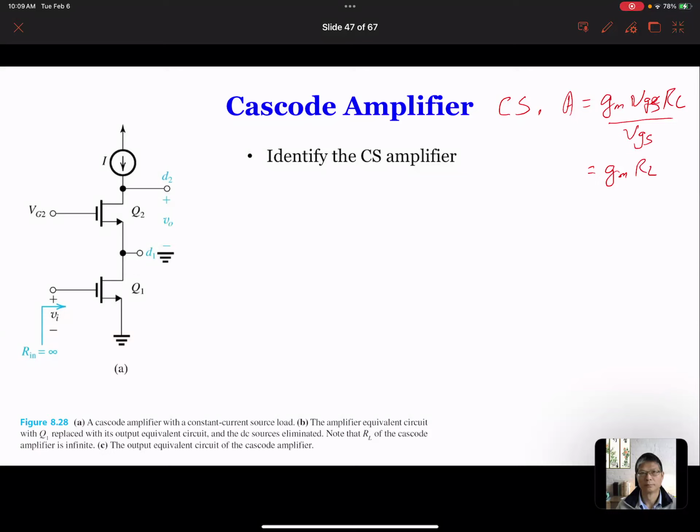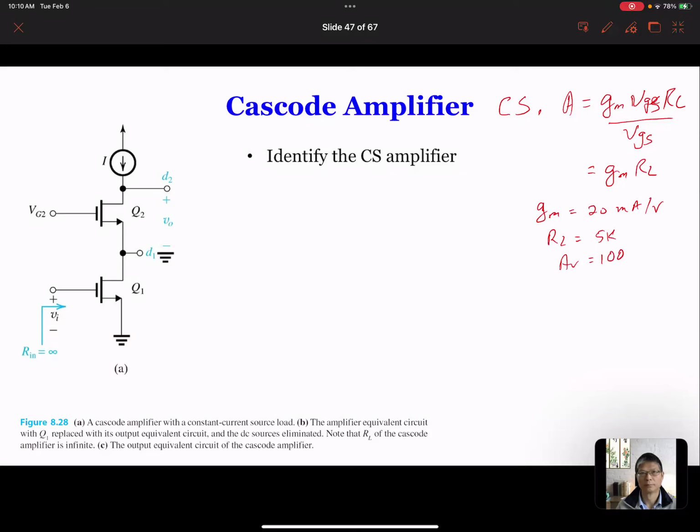This gm is typically quite small. For example, a typical value maybe 20 milliamp per volt, and RL could be say 5K. So in this case, you get a gain of roughly 5K times 20 milliamp per volt, about 100. So not bad.